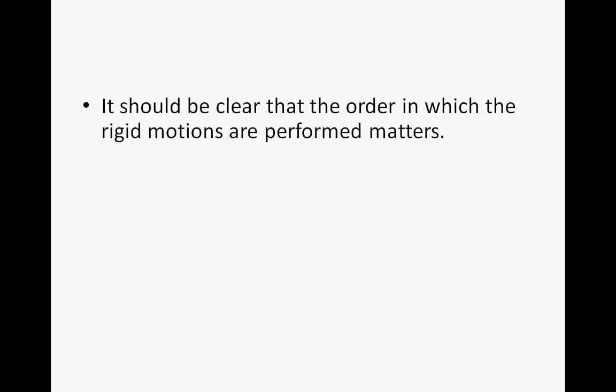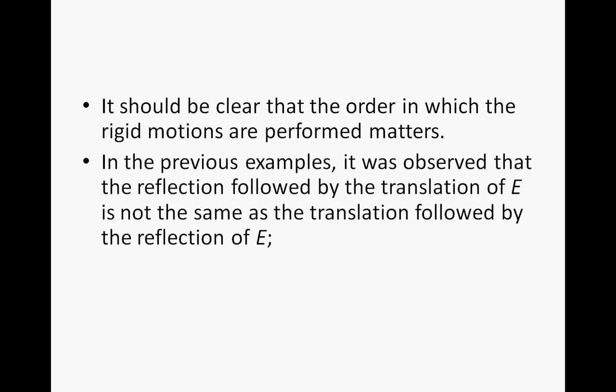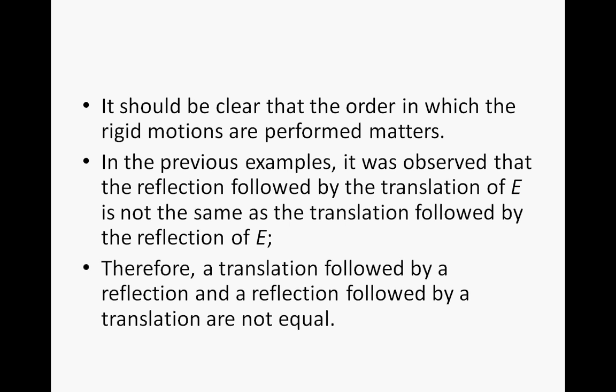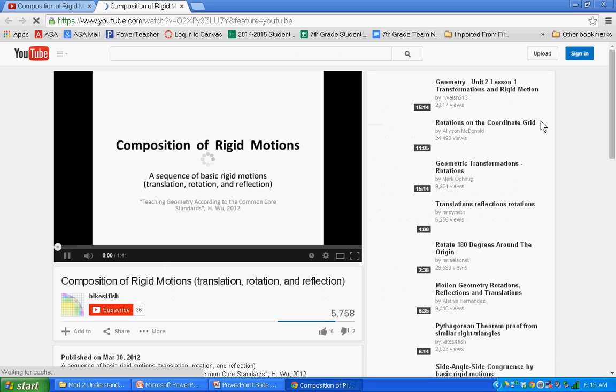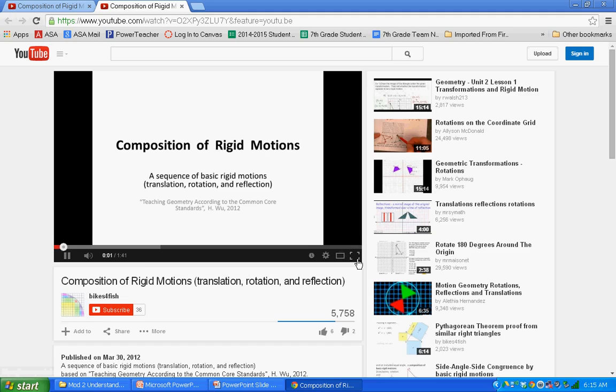So it should be clear that the order in which rigid transformations are performed matters. In the previous examples, it was observed that the reflection followed by translation of E is not the same as a translation followed by reflection of E. Therefore, a translation followed by a reflection and a reflection followed by a translation are not equal. Let's go ahead and take a look at this video on how these all are related.